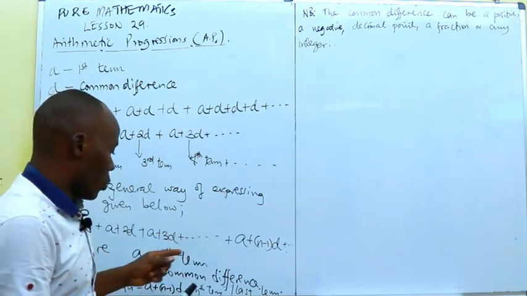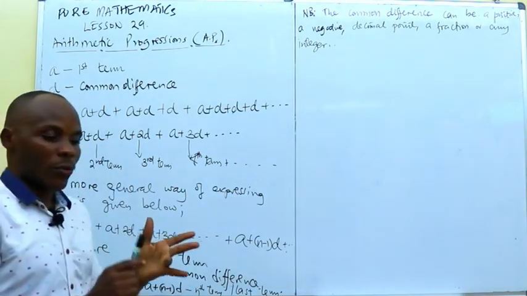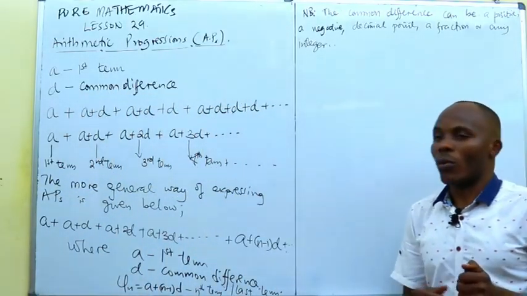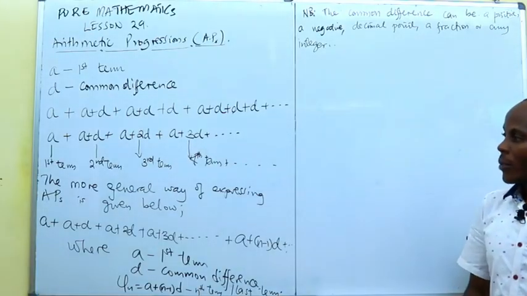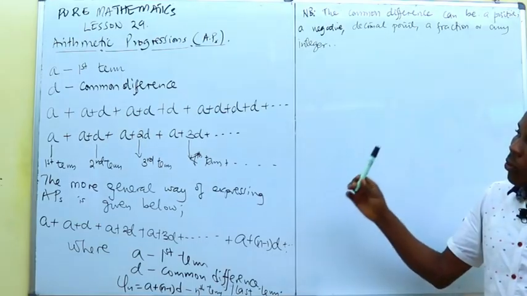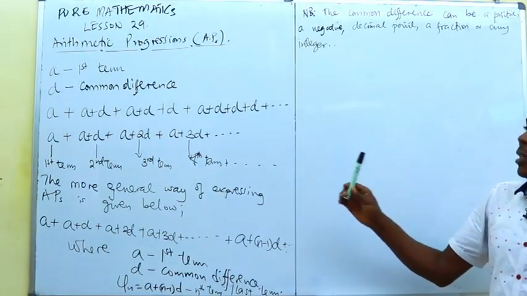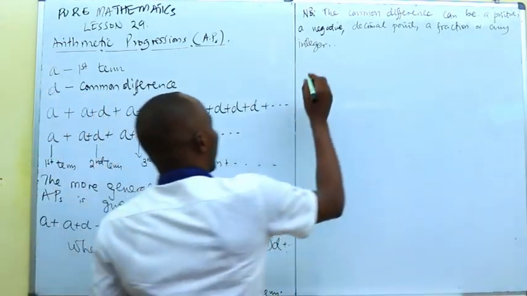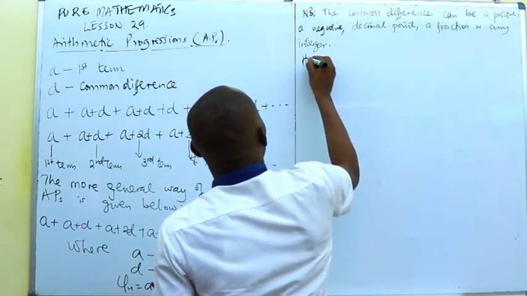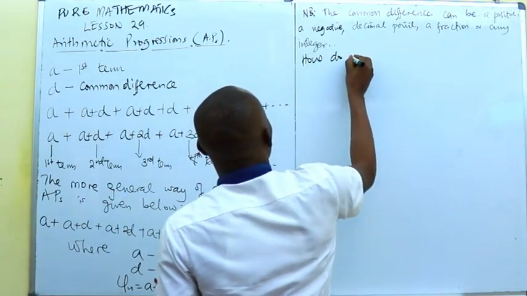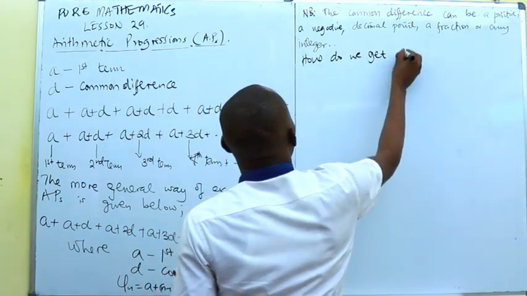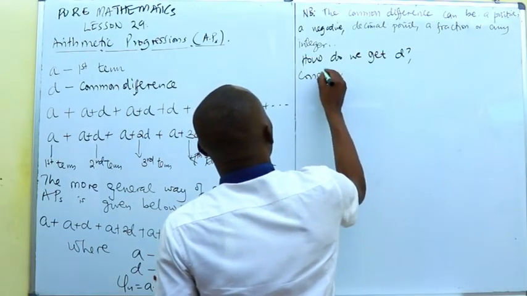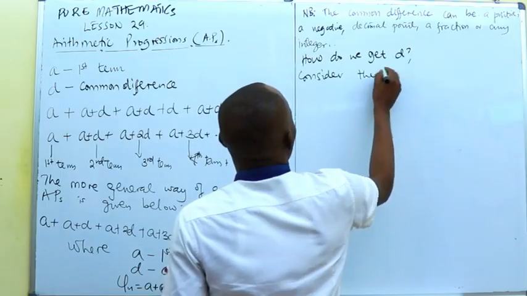Don't forget, I've talked of the first term, the common difference, and the nth term of this series. And how do we get D? Consider the series below.